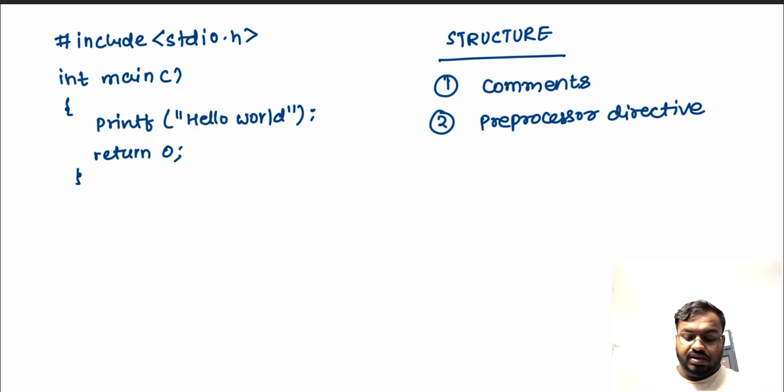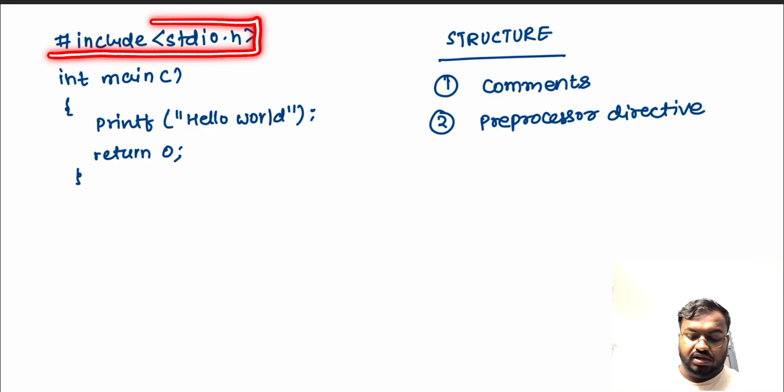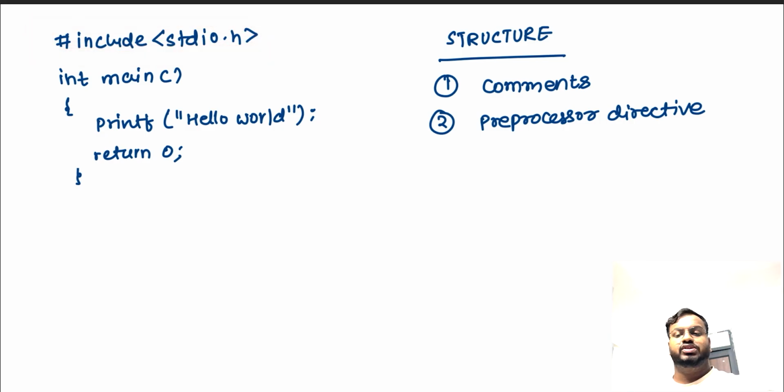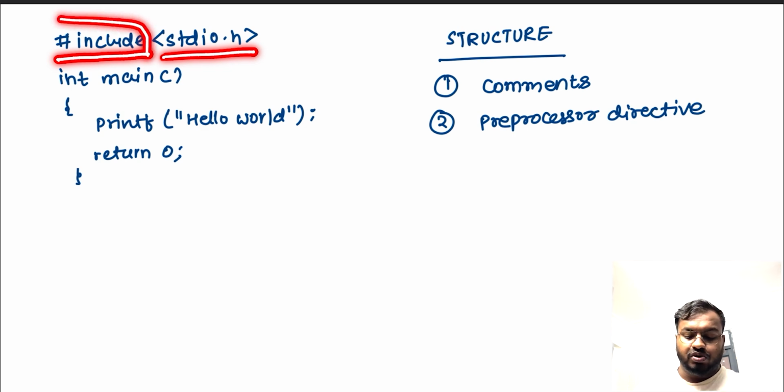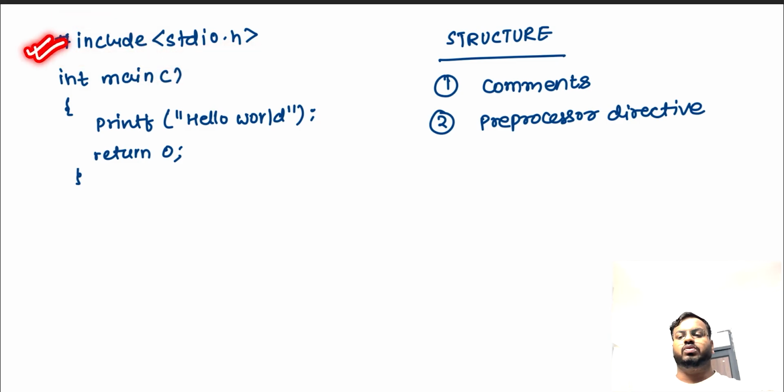So in this case, this is a preprocessor directive which is including the header file. stdio.h is a header file and include is a preprocessor directive. So this preprocessor directive is attaching this header file with your program. So the role of the preprocessor starts from this particular point.